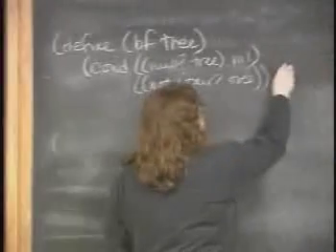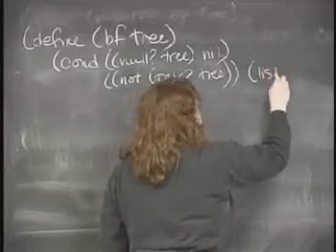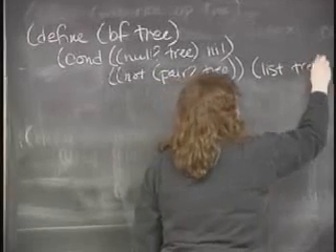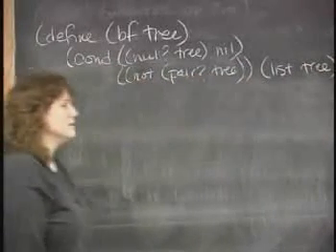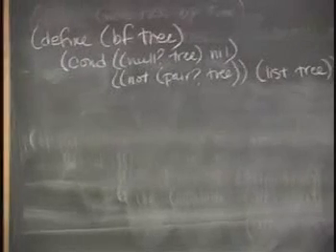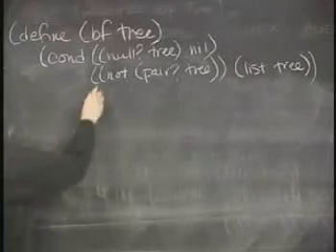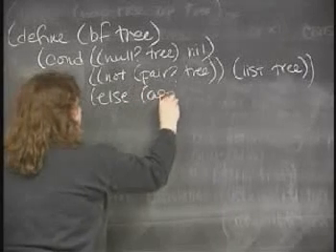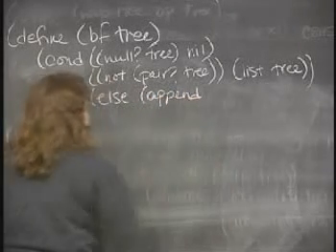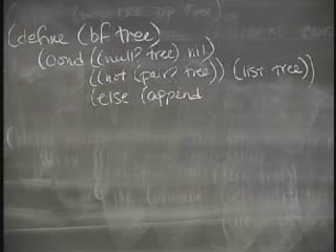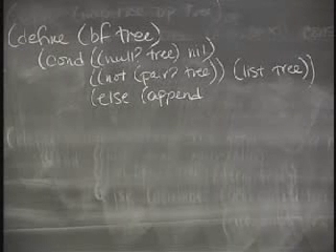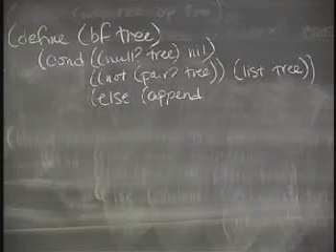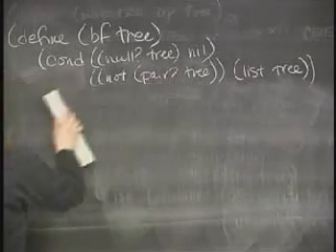So if we're going to be using append, then we want to return the list of our element. Else, we've just been saying we're going to use append. Okay, what are we appending? Actually, have we finished yet? That's not right.